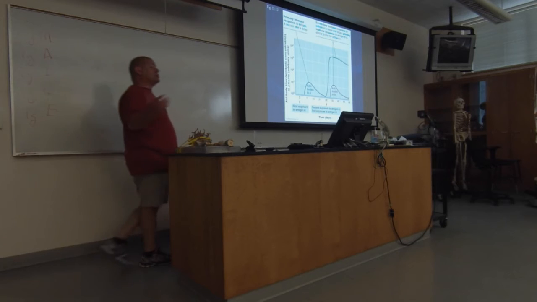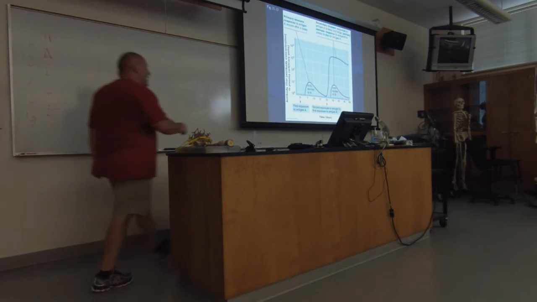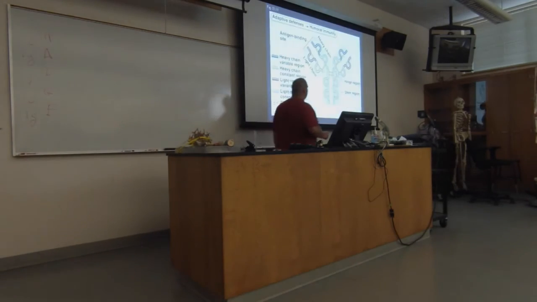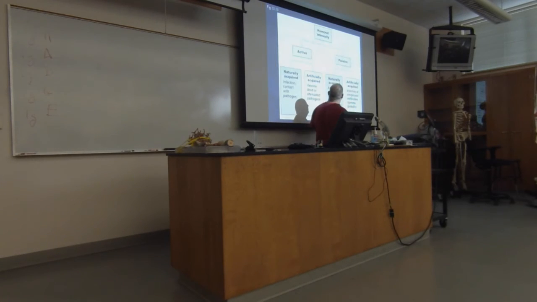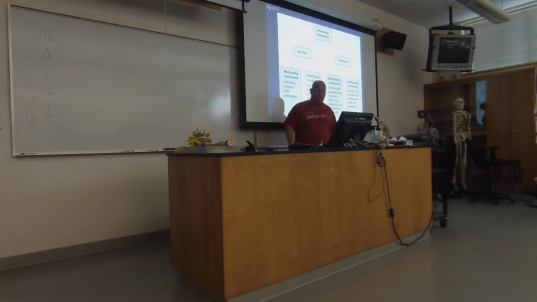So we see them in the second exposure and we see them in the late first exposure. Now, remember I told you that we had, from a passive standpoint, these are IgGs. The ones going from mom to baby are IgGs.